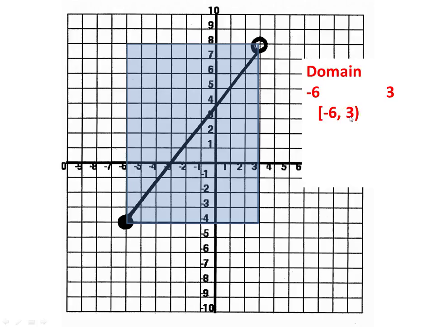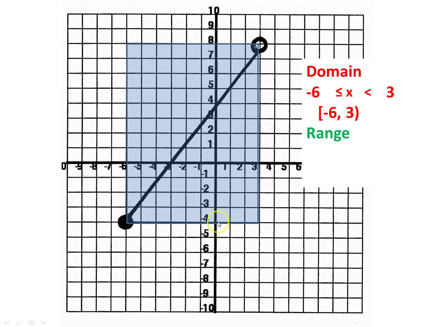Now if we were doing set notation, we would go ahead and put in less than or equal to, because this is a closed circle, and we would put in less than, because that's an open circle. So that's set notation. Now let's look at range. Range is top to bottom.